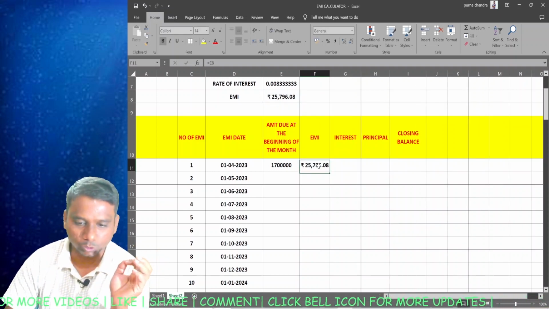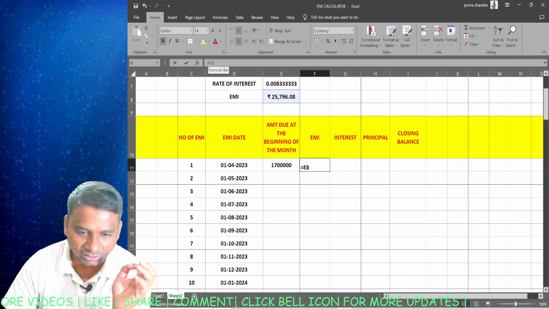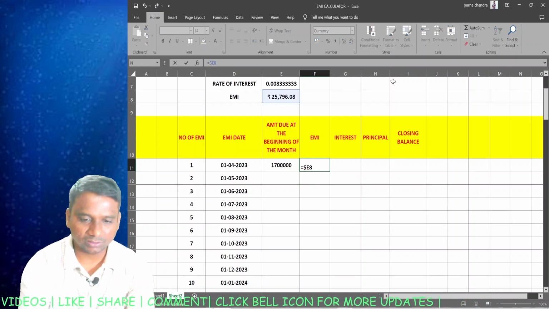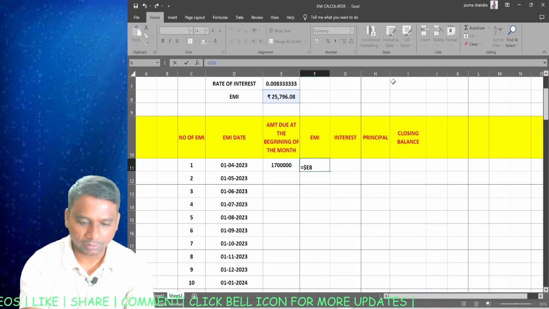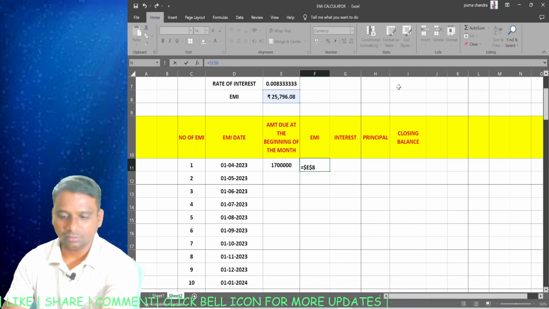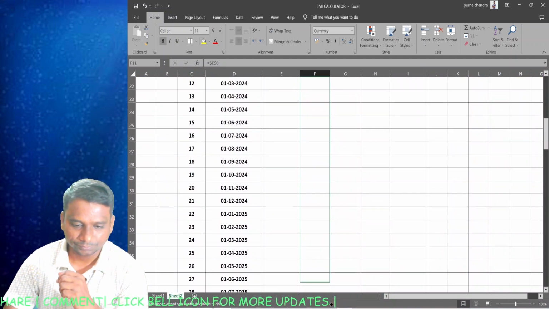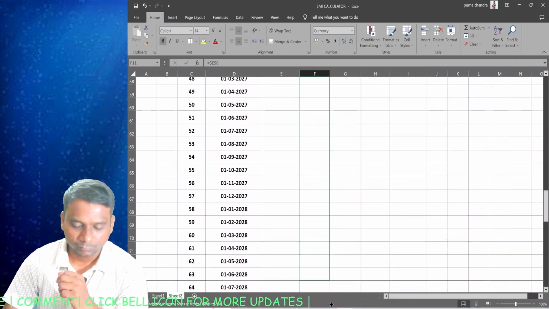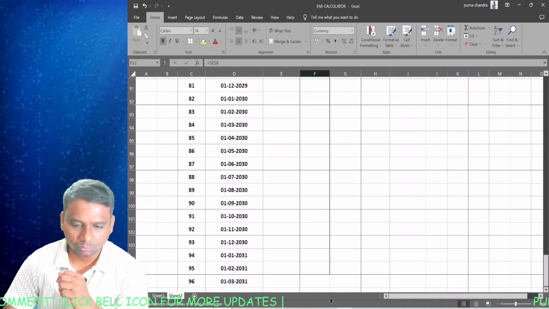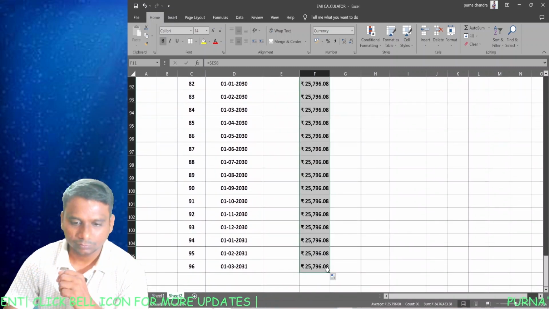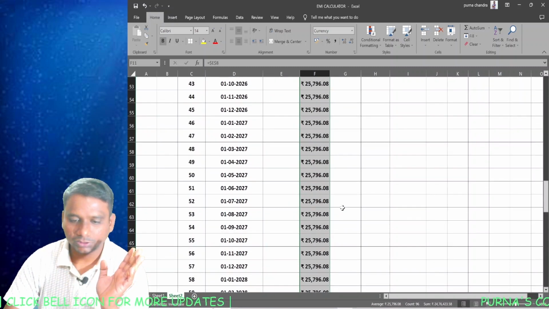It is fixed. So what I am doing, I am freezing this cell. Okay, fine. Right. I am freezing this cell. Now drag it because this should be fixed. Throughout your loan, this amount should be fixed. Right. Over. This is completed.